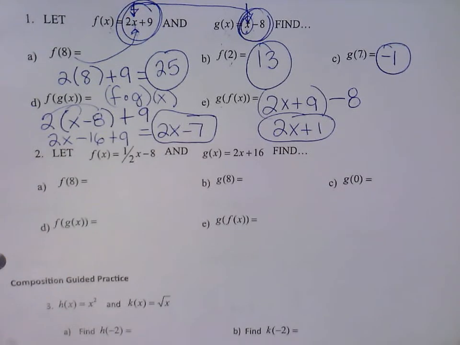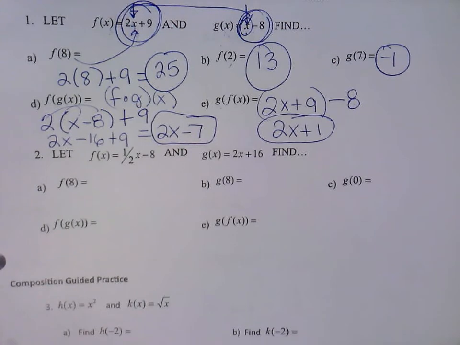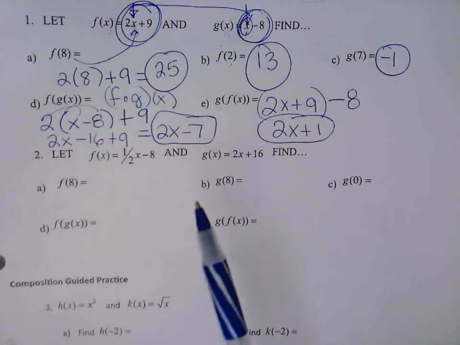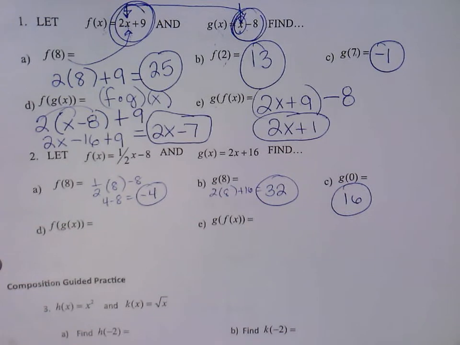So why don't you try A, B, and C, see what you get when you evaluate these new functions, and then maybe we can practice the composition together. So plug in f of 8, g of 8, and g of 0, and see what you get. Finished, you can look up and we can see if we got the same answers.